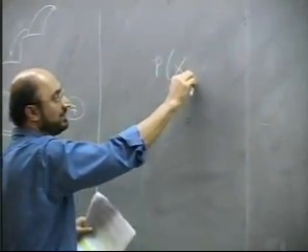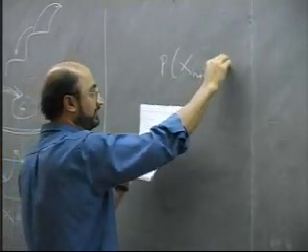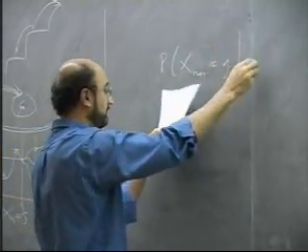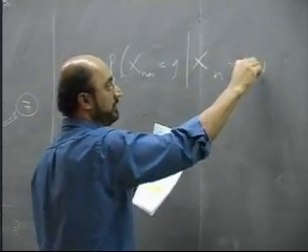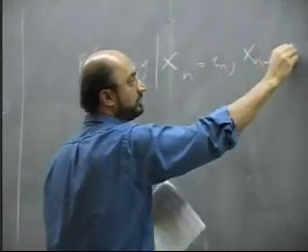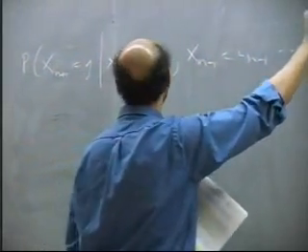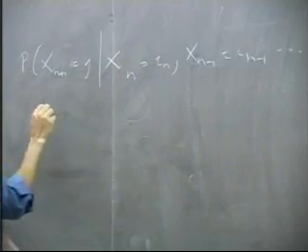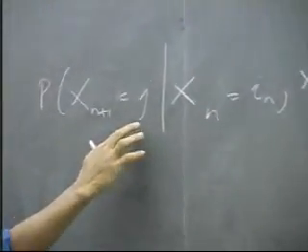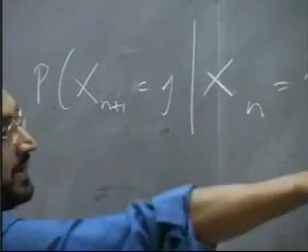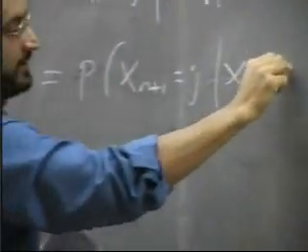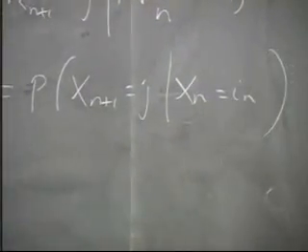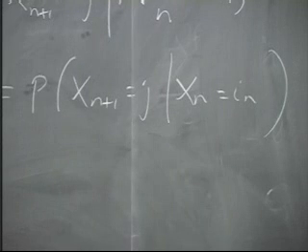The probability that X(n+1) equals some value j, conditional on Xn equals i_n, X(n-1) equals i_(n-1), etc. This probability, which is the probability that you go to some state j in the next step, given the past history, is nothing more than P(X(n+1) = j | Xn = i_n). In other words, I can ignore all of past history, and I'm going to get to the next state anyway.